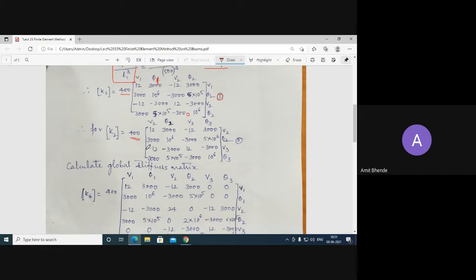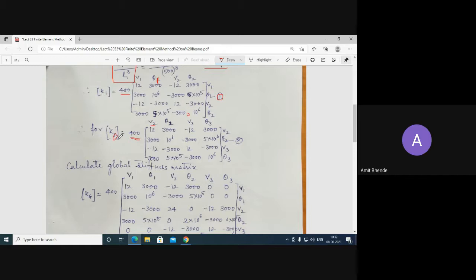The only difference will be the row number and column number for element number 1 and element number 2. Since element number 2 is made up of node number 2 and 3, the row number and column number will go like this. The first row will be V2, that is the first linear displacement. Always start the numbering from the linear displacement of the first local node.